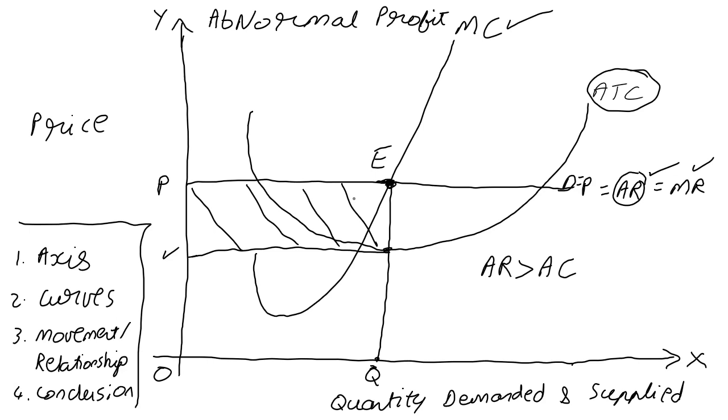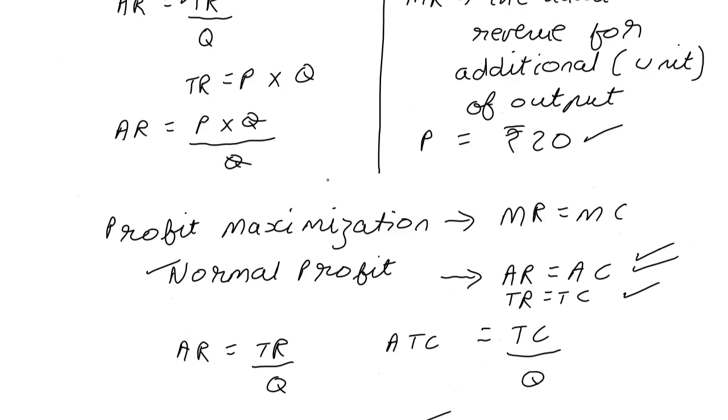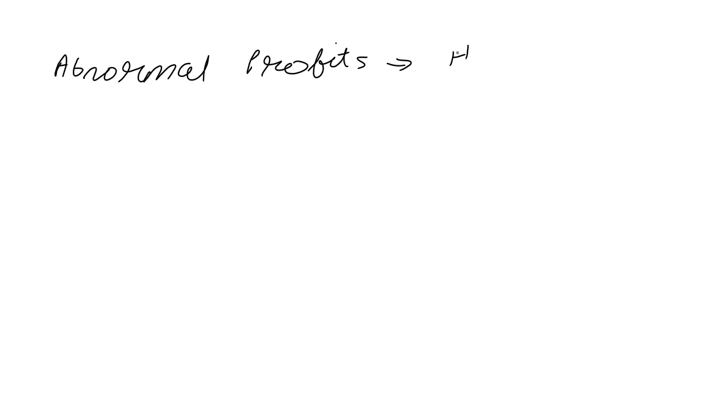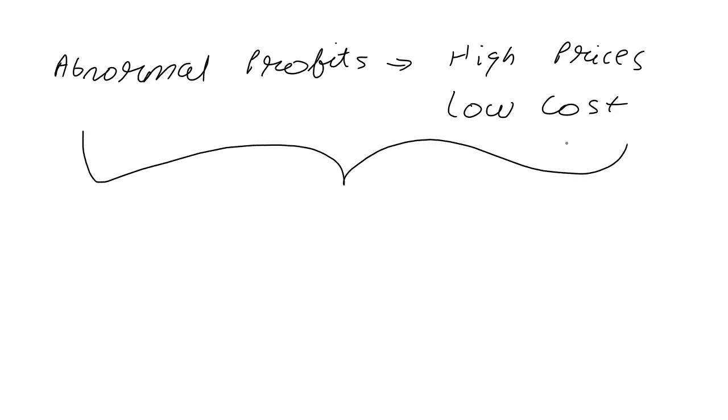But remember, in a perfectly competitive market, abnormal profits can happen either because of high prices or low costs. Either way, this whole thing is temporary.